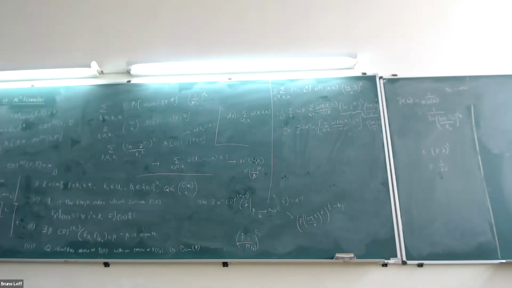And you're saying that, on the decision tree, this is just asking what is the probability that there's a path of length u1.